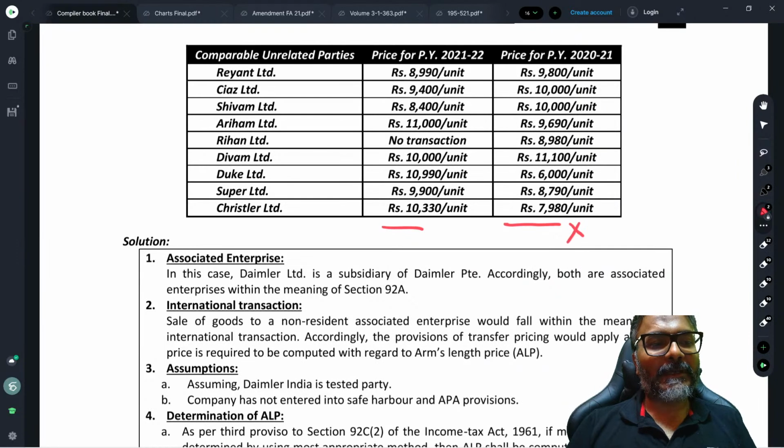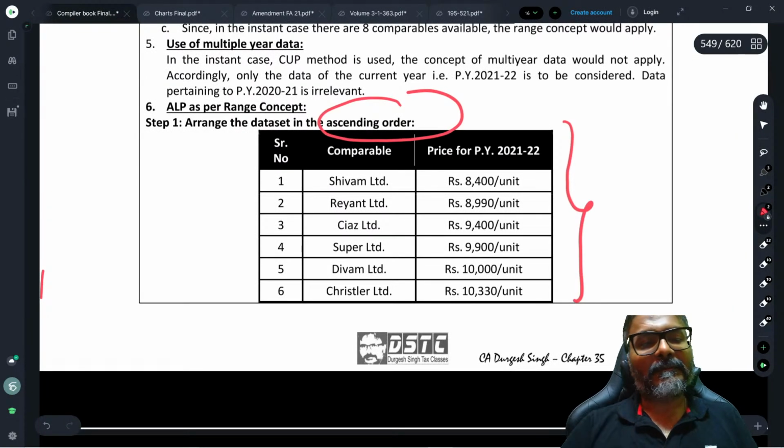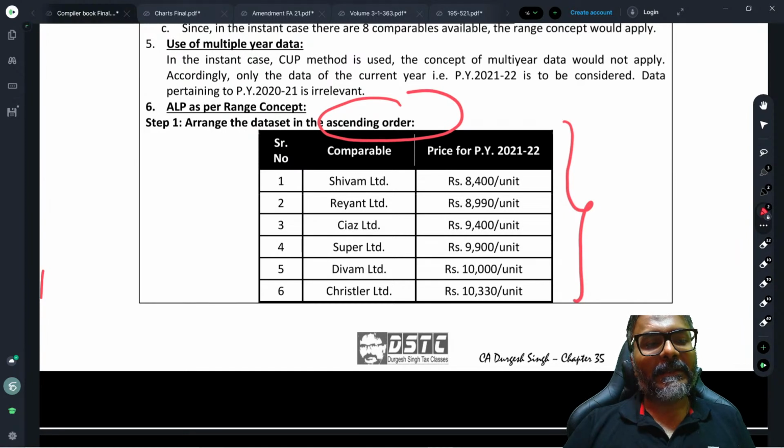So first and foremost, this is what you will do: arrange the data set in ascending order. Once the data set has been arranged in the ascending order, students, what is the next step?